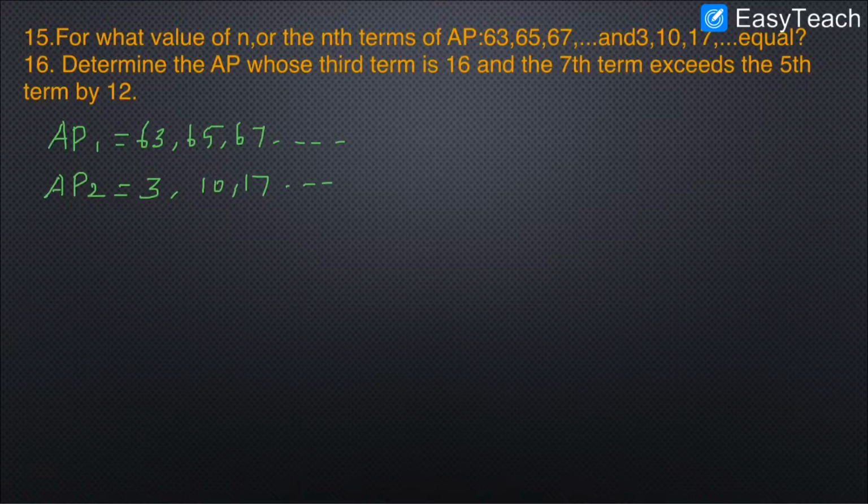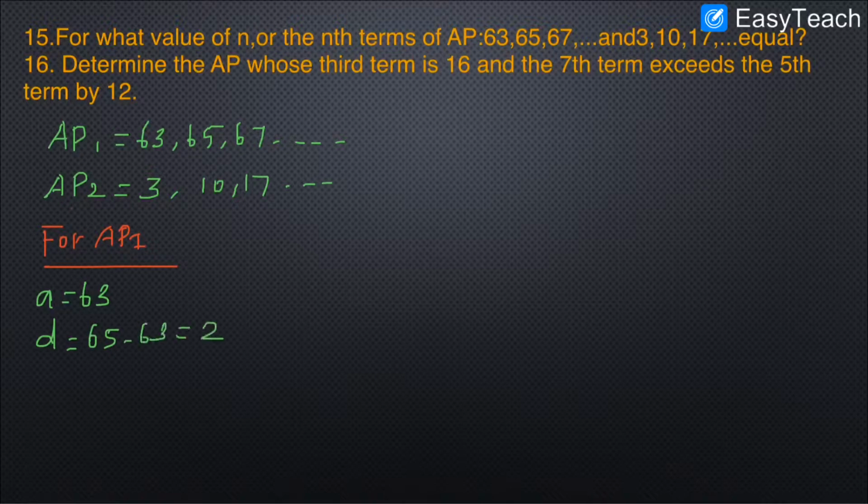So we can write the value of A as 63 from AP1. Let's find out the value of A and D for AP1. A is 63, D is 65 minus 63, which is 2. So D is 2, A is 63 for AP1. The equation will be the An equation.